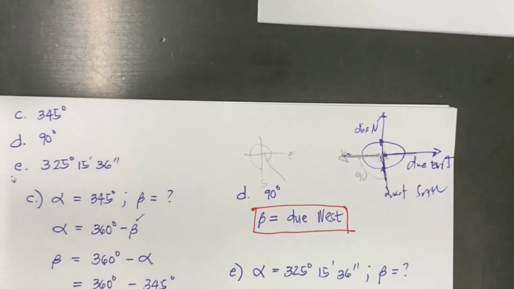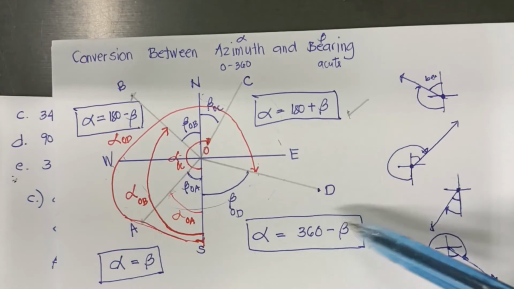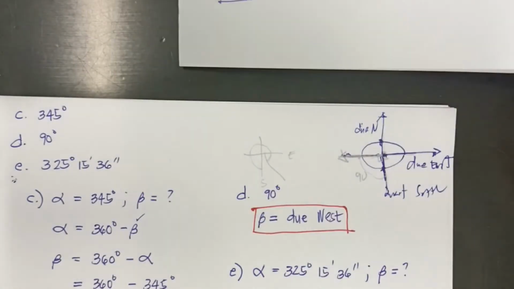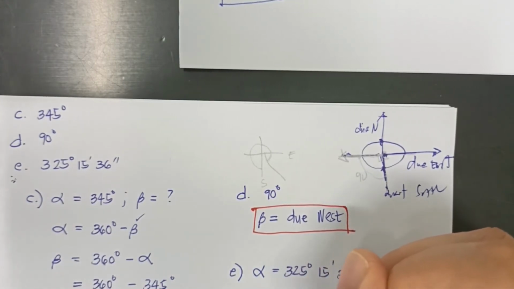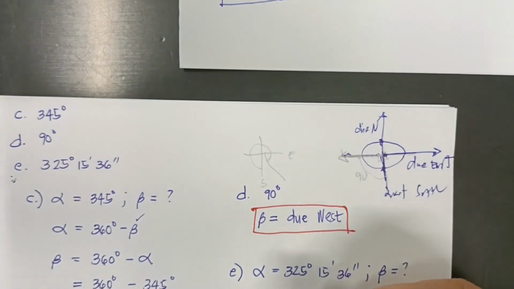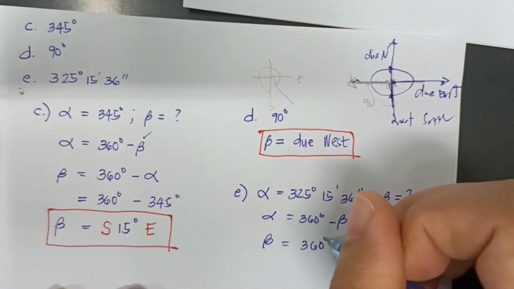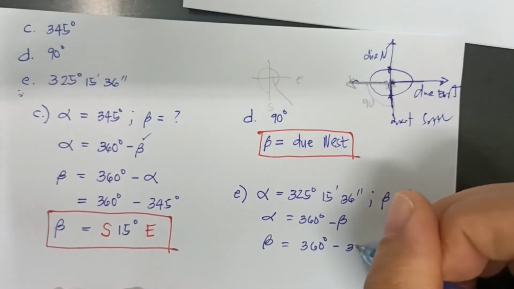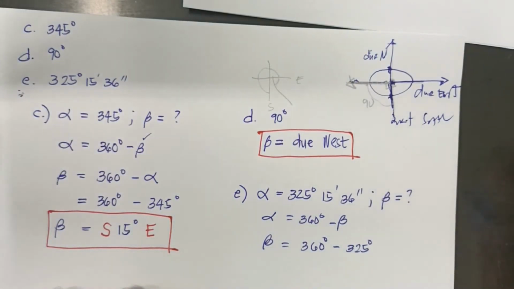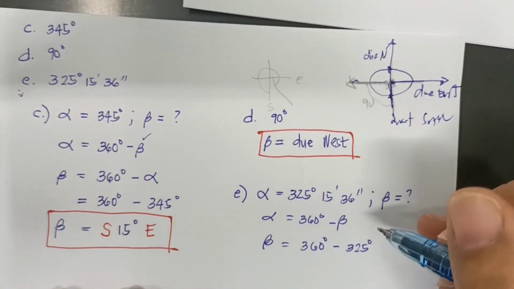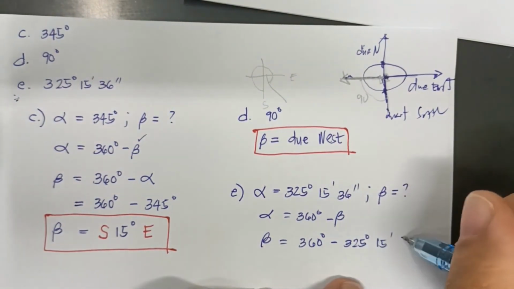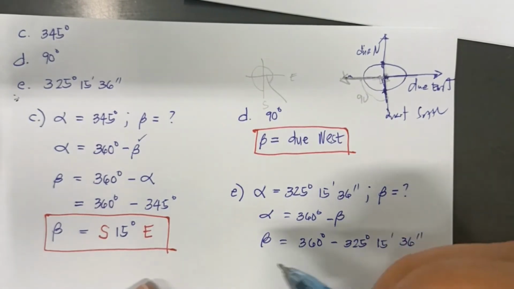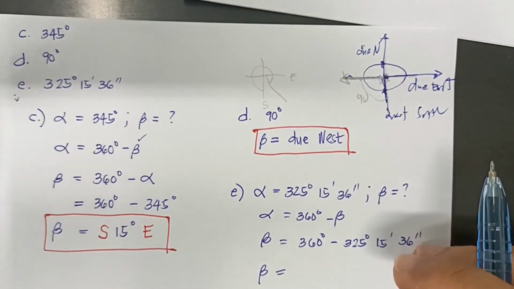Same thing, this is in the southeast quadrant, so we can use this relationship: alpha is equal to 360 degrees minus beta, then beta is equal to 360 degrees minus 325 degrees, 15 minutes, 36 seconds.